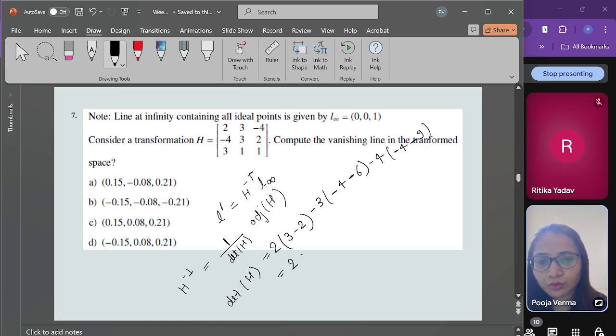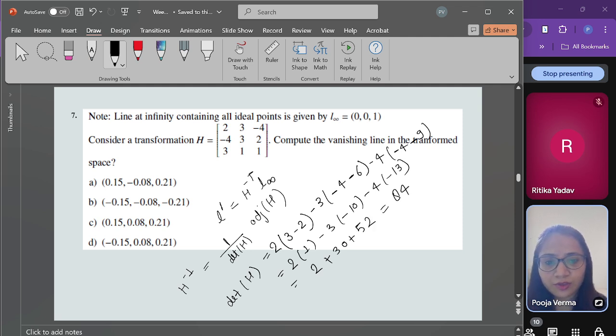So 2 times (3 minus 2) is 1, minus 3 times minus 10 it is 30, then minus 4 times minus 13 it is 52. So you will get 2 plus 30 plus 52. If you add all those things, you will get 84, right? So the determinant of H is 84.